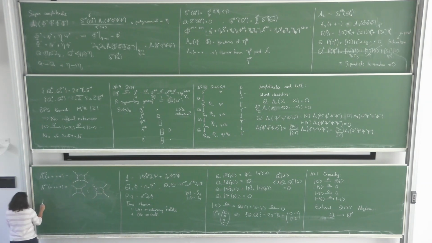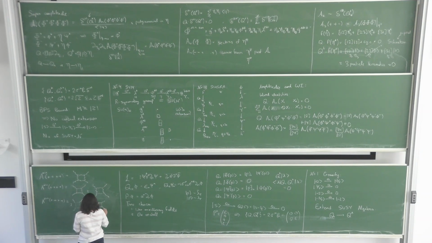And then finally, if you think about N equals 4, you now have contributions from the scalars. You remember that there are 3 complex scalars plus 4 fermions, plus then also the gluon contribution.